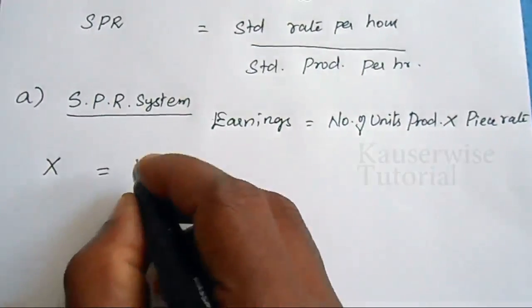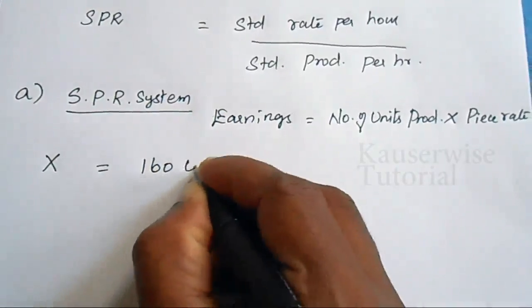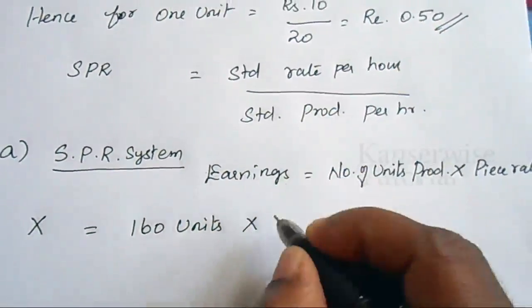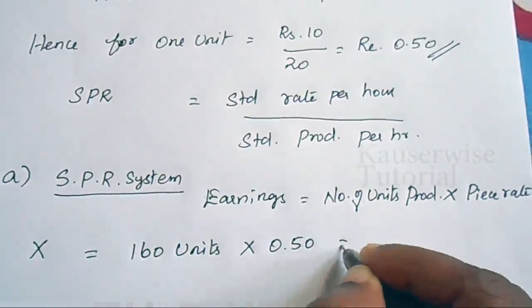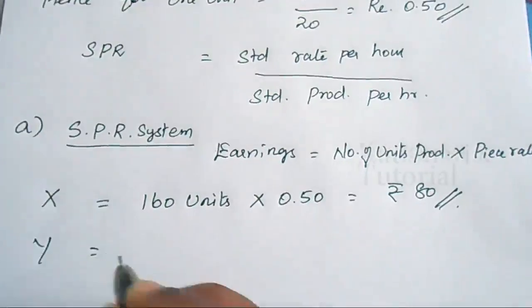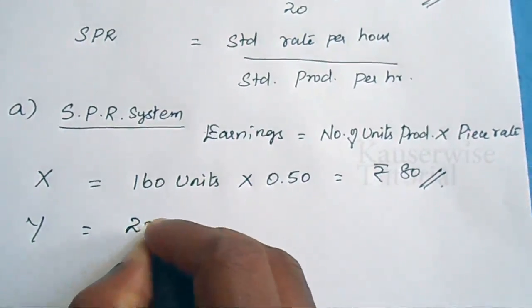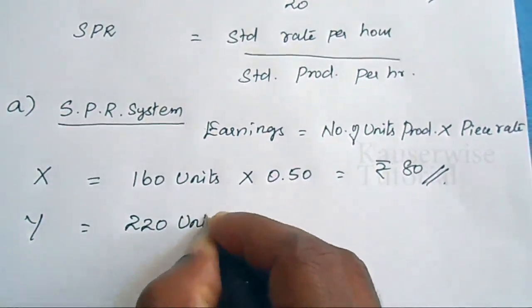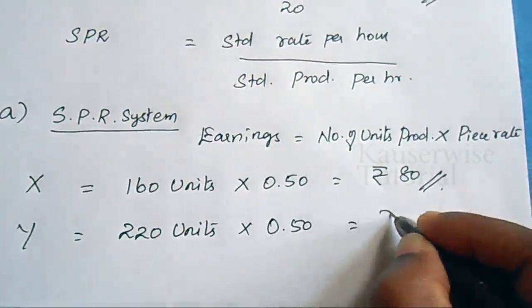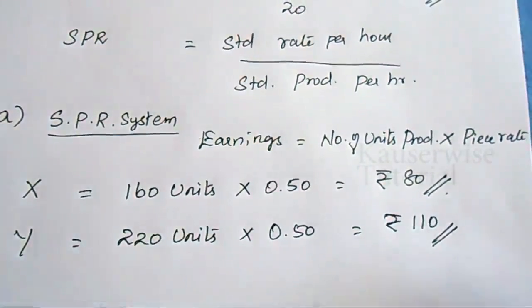How many units produced? 160 units. What is the piece rate? 50 paise. Answer is 80. For Y, how many units produced? 220 units. Piece rate 50 paise per piece is equal to 110. That's all.